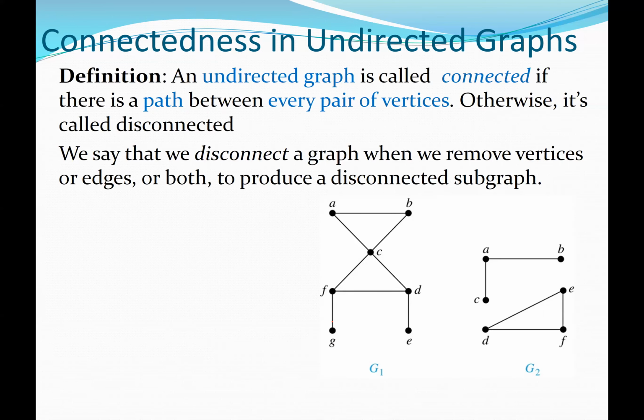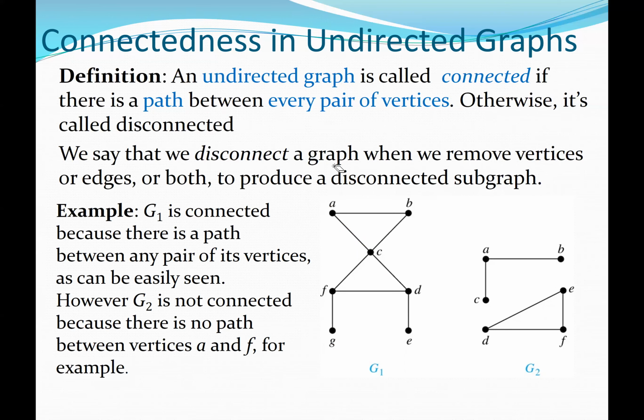For example, pick G and E. G and E are not connected directly, but G can go to F, to D, and to E. Pick A and G. They are not connected directly, but you can go from A to C, to F, and then to G. Every single pair of vertices in G1 has a path between them, so G1 is connected.